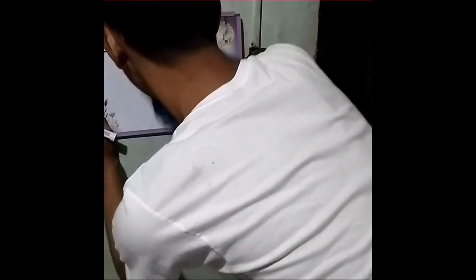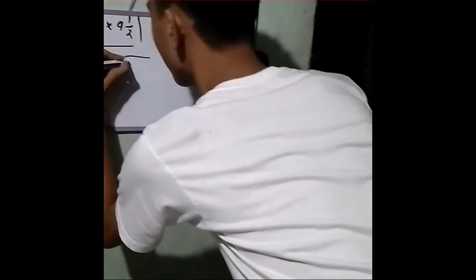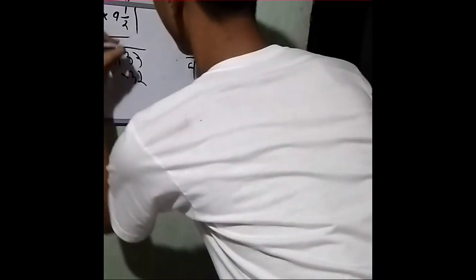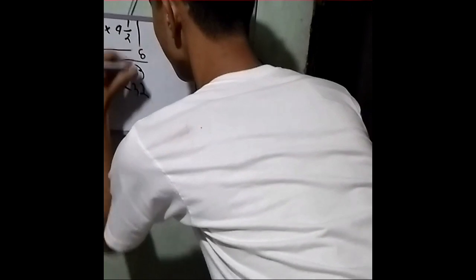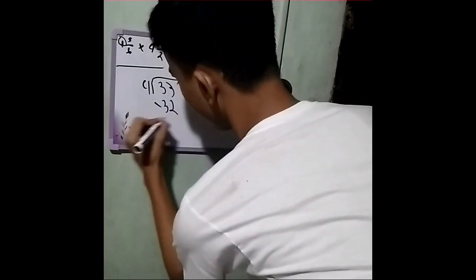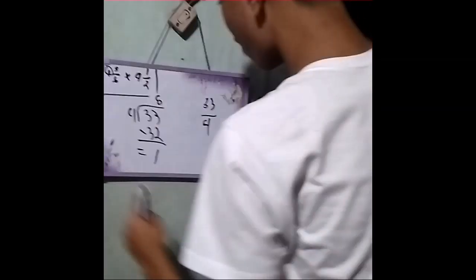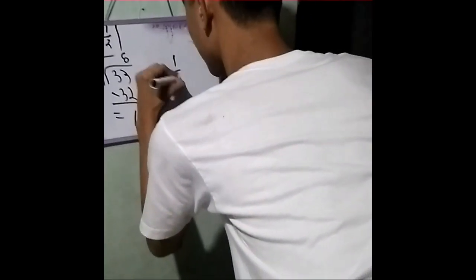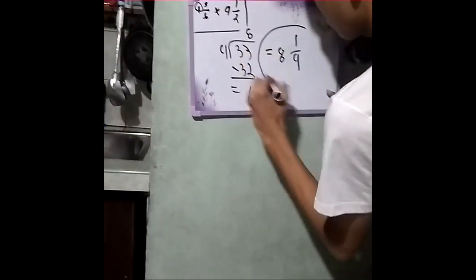So 33 divided by 4, 33 minus 32 is equivalent to 1. So ang ating final answer ay 8 and 1 over 4. At ito ang ating final answer.